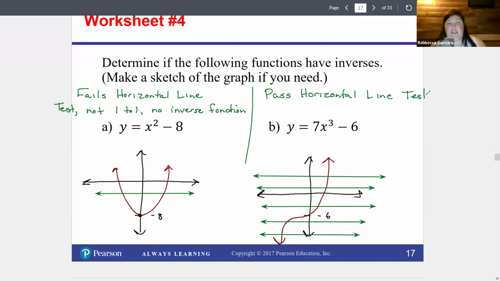We pass the horizontal line test. That means that it's a 1-to-1 function. And because it's a 1-to-1 function, it's also going to have an inverse function as well.